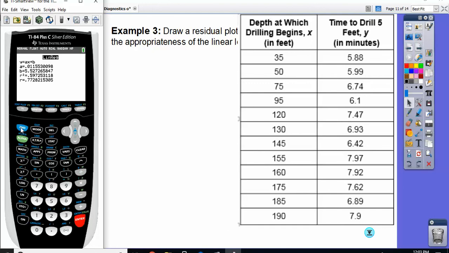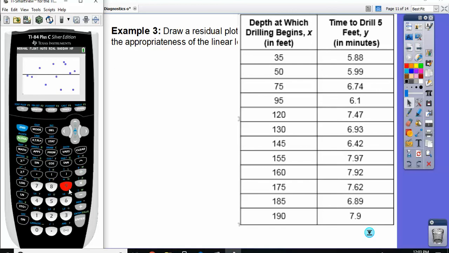If we go to our stat plot, we already have it turned on to residuals. Just an FYI, if you don't want residuals, then you'll have to go back in and change your Y list to L2 again. Now we can go to zoom number 9, and here is my residual plot.